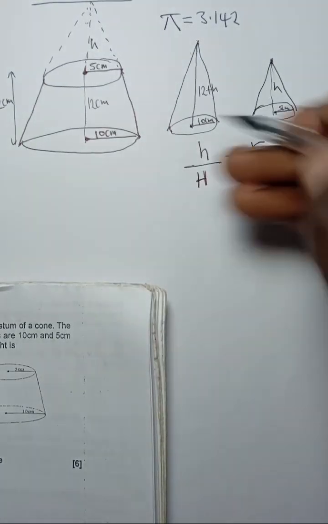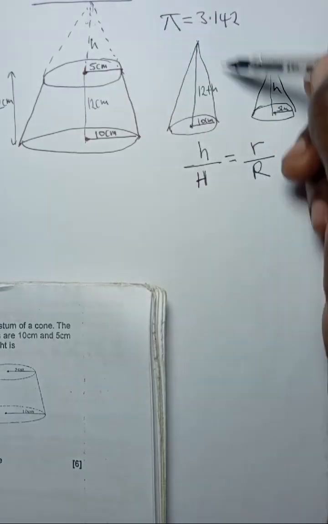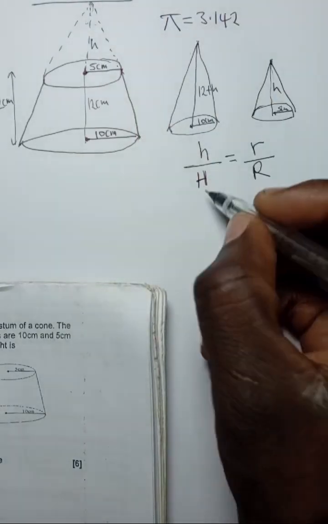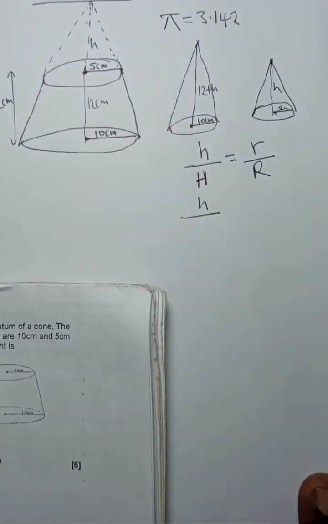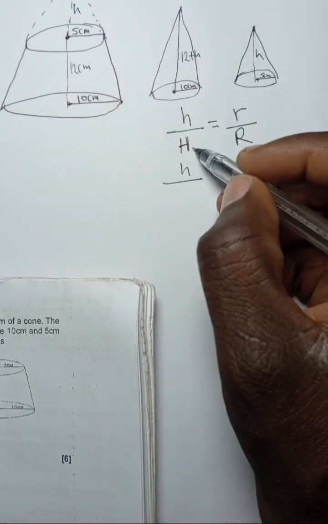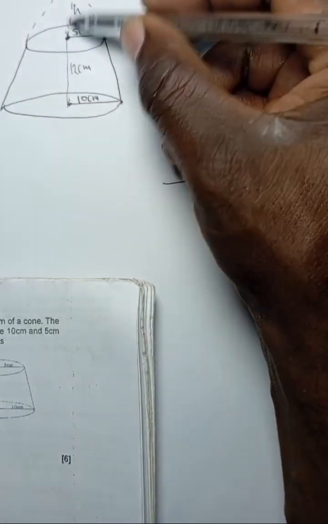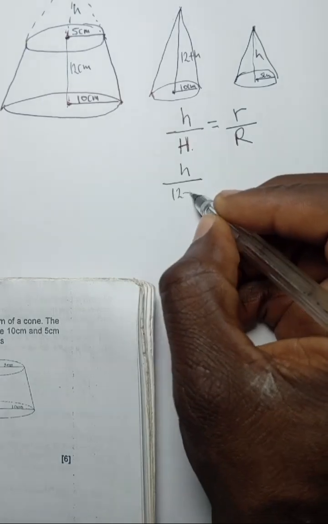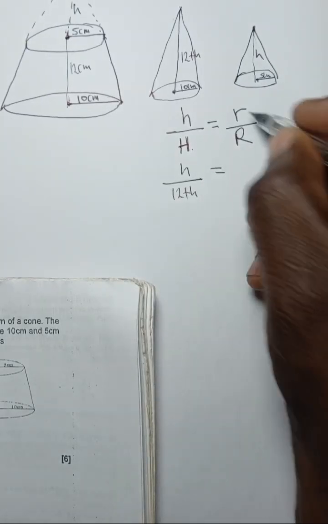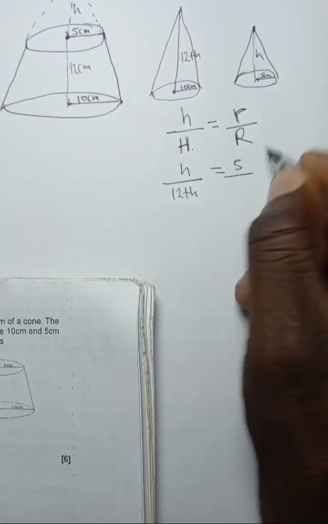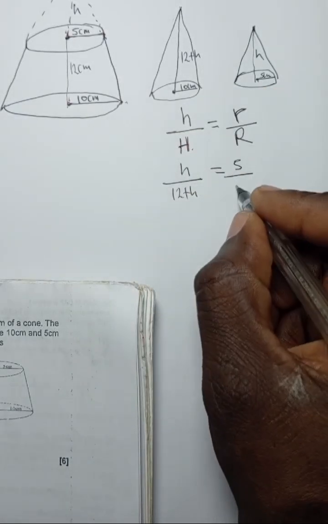Just a matter of substituting. The height of the smaller cone is h over the height of the bigger cone, which is 12 plus h, equal to the radius of the smaller one, 5, over the radius of the bigger cone, which is 10.